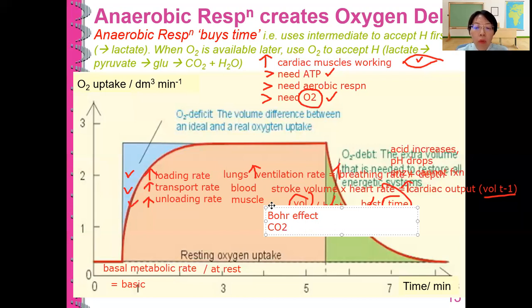CO2 will be converted to H2CO3, which will dissociate into H plus and HCO3 negative. Right? Okay. And now hemoglobin is carrying oxygen towards the tissue.